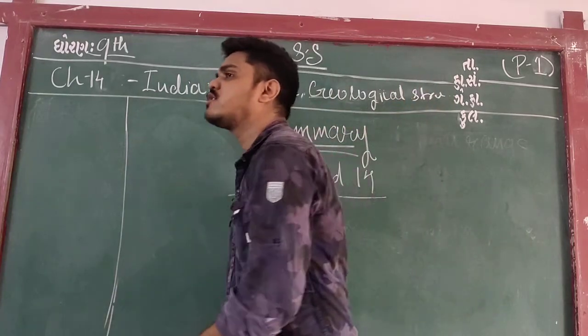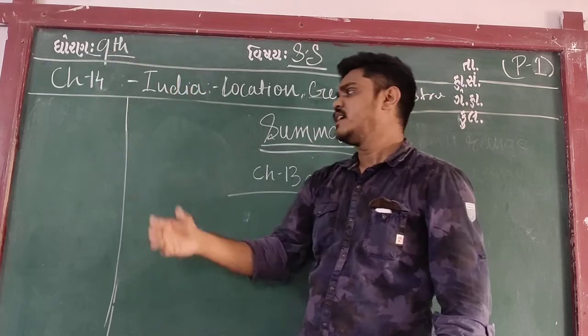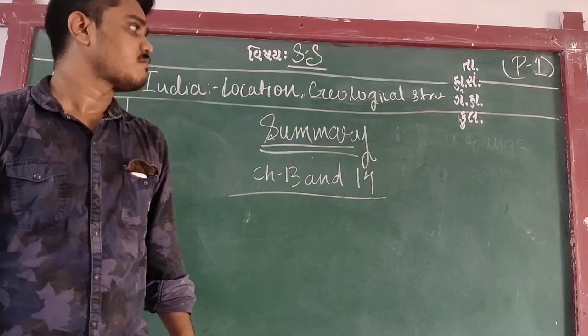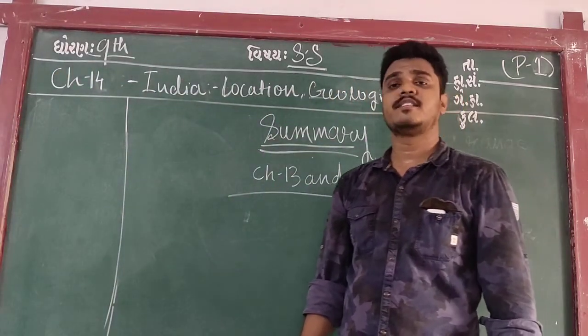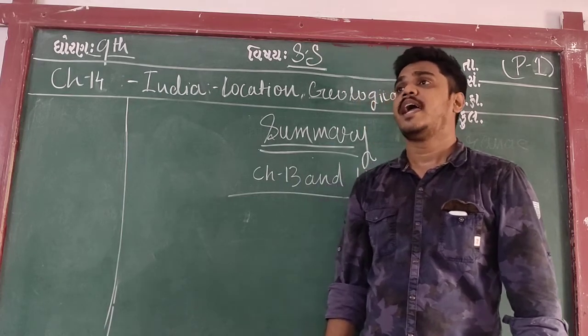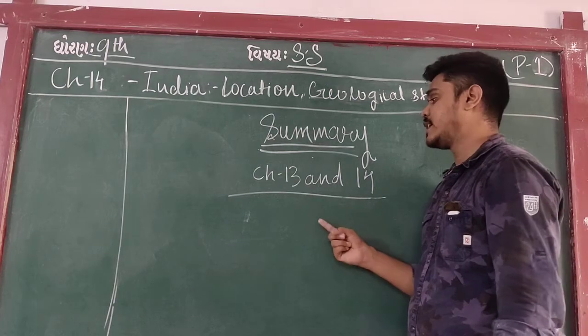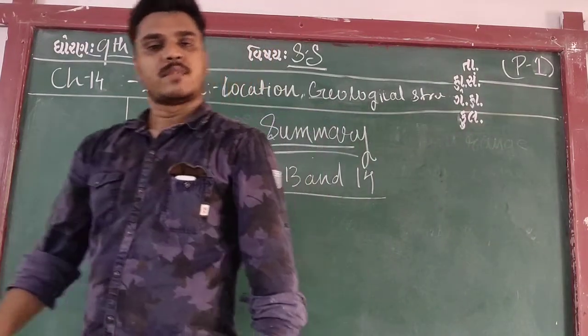You can't write that rocks are used in seashore construction or anything like that. Similarly, minerals and soils. So here we came across all the important topics: minerals, soils, rocks, and more. And thus we completed the 2 most important chapters of geography, 13 and 14. Got it? Thank you very much.